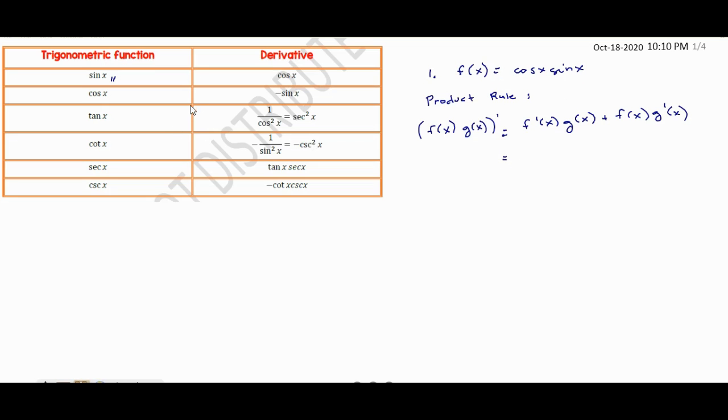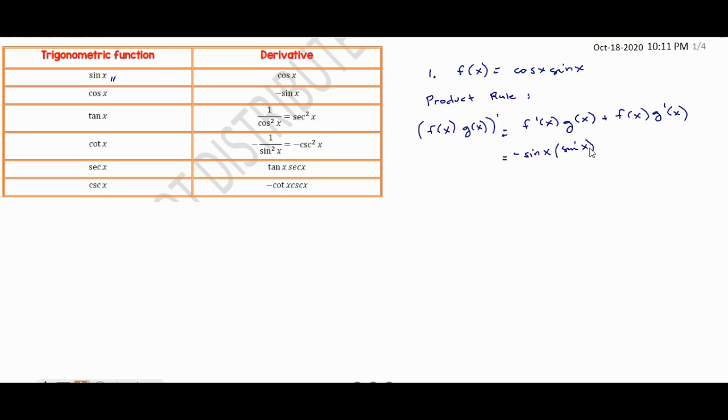So using our table of derivatives for the trigonometric functions, the derivative of cosine x here is negative sine x. So let's replace the first function by negative sine x. Or you can skip the grouping symbols. Pwedeng sine x na lang siya. And multiply it by the second function. Our second function is sine x.